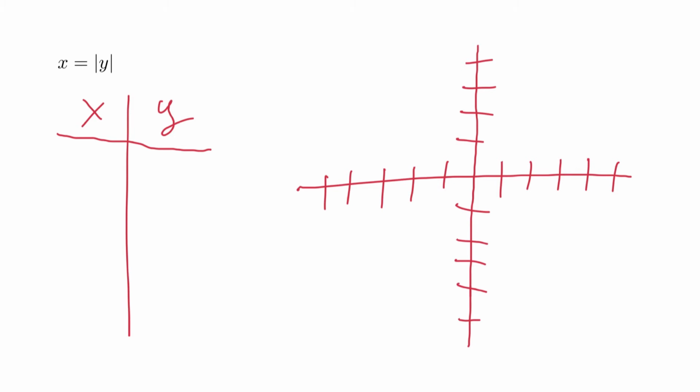So when I plug in, let's say y equals 0, x is equal to 0. When y is equal to 1, x is equal to 1. When y is minus 1, x is also equal to 1.